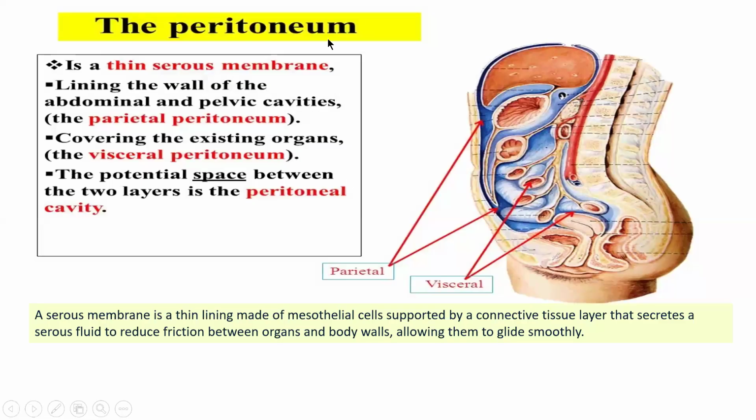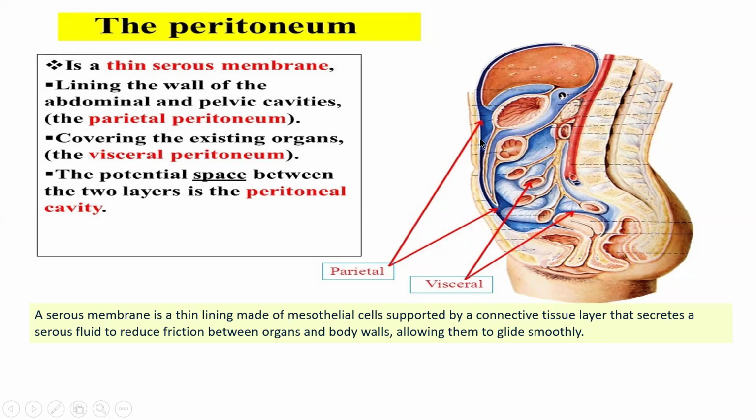So peritoneum, look at the image there. It is of two types, parietal and visceral. Peritoneum is a thin serous membrane which helps in lining the wall of the abdominal and pelvic cavity. A serous membrane means a thin lining of what type of cell? Mesothelial cells, which are supported by a connective tissue layer, and it secretes serous fluid.